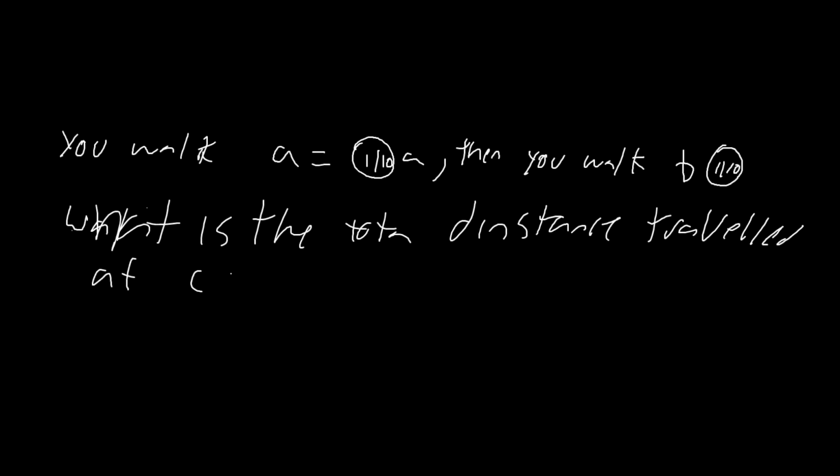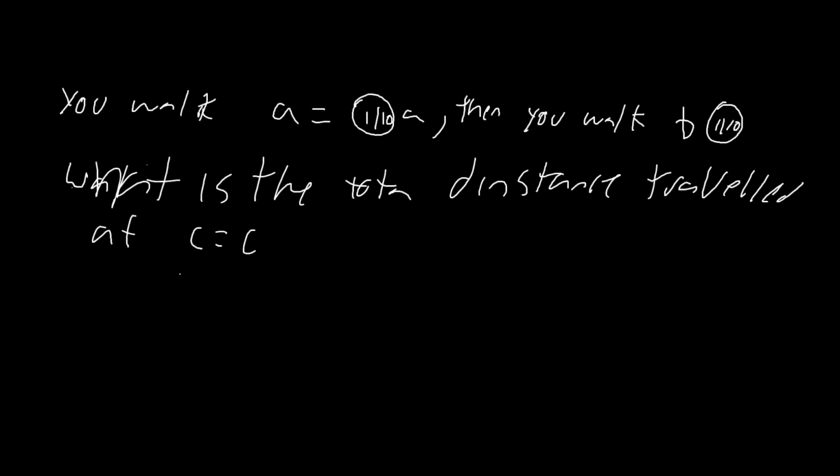And C is going to be the value from 2 to 10 or 2 to 20. So that's basically saying you walk an extra 5 meters to a destination, and then you walk an extra 3 meters to a destination.